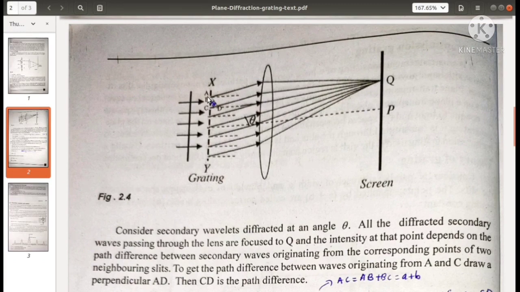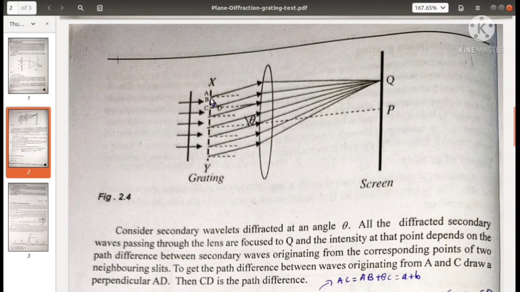We can check by seeing the path difference between the lights reaching here. For this, we consider the light coming from point A and from the corresponding point in the next slit.